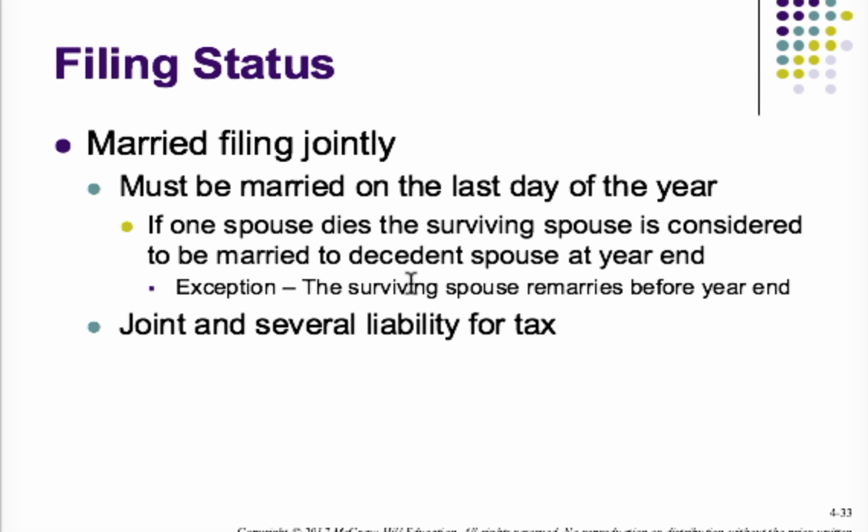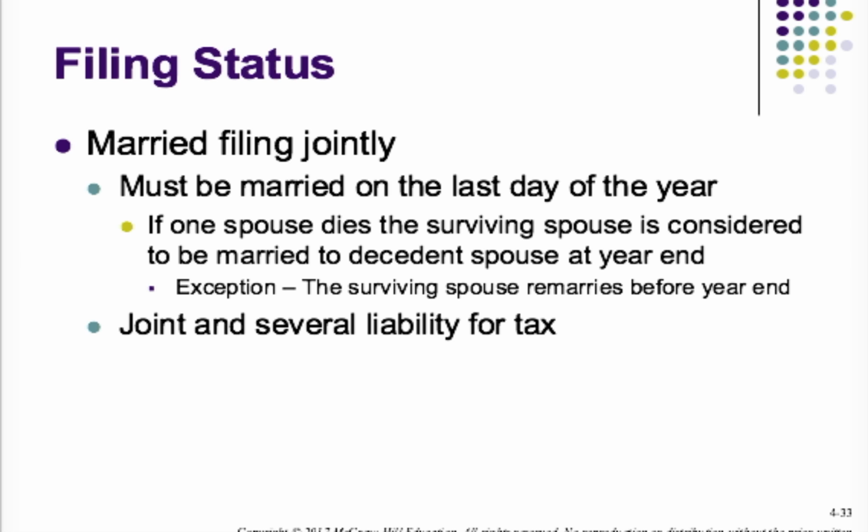Okay? Under married filing jointly status, you are jointly and severally liable for the tax. This means you are essentially viewed as one individual, regardless of if there's liability that's attributable only to one or the other spouse.